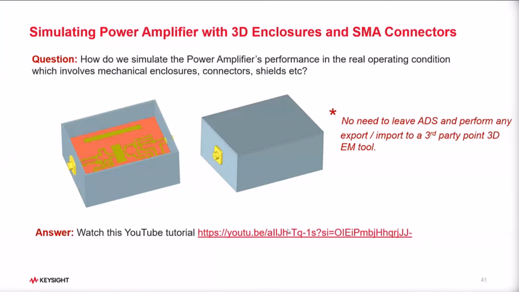You will get a more detailed step-by-step instruction, but at least now you saw that from a transistor device all the way to full assembly simulation, modulation, DPD, everything is covered in your favorite tool, which is ADS. You don't need to leave ADS. And that's what sets ADS apart from any other commercial tool available.